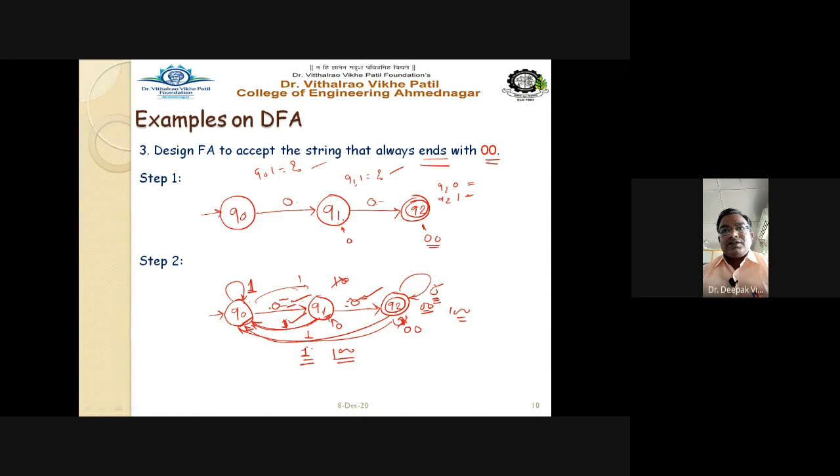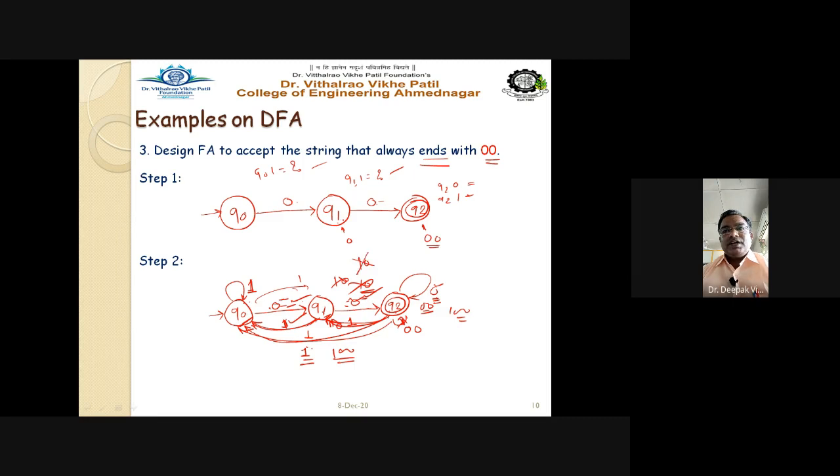You cannot mark this 1 here itself either. So if q2 on 1 goes to q1, this will also disturb your string. You are getting the string like this, 1, 0. This is also wrong. Getting the concept or not? If you try to put this 1 here, the sequence you get is 1, 0, but we don't want this 1, 0.